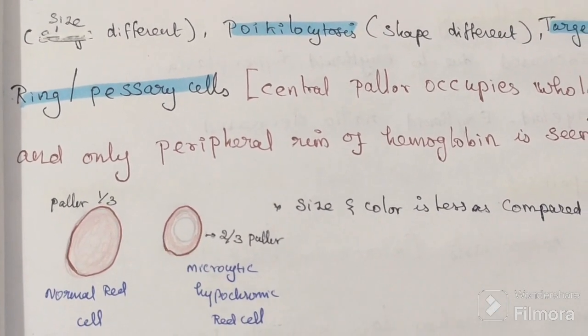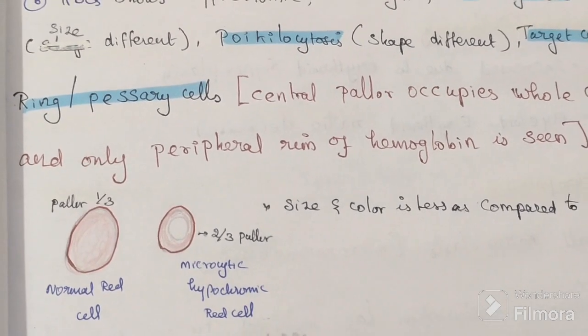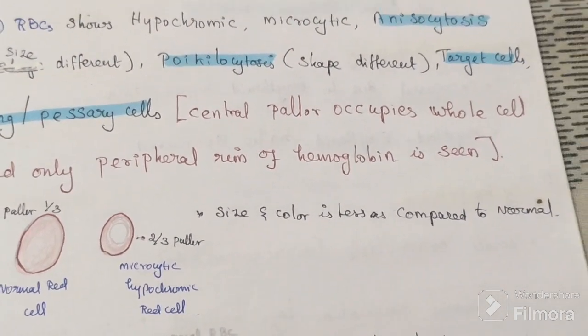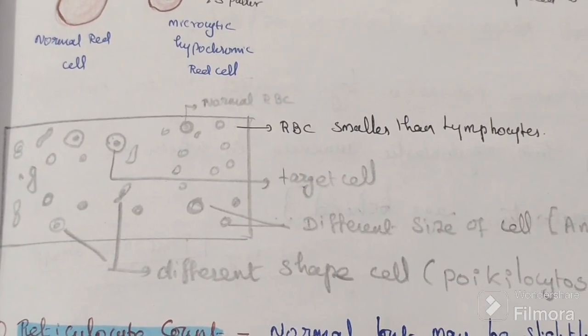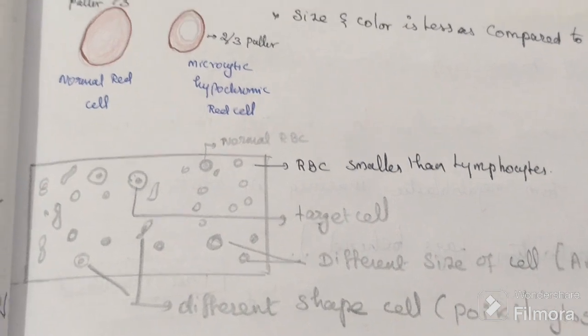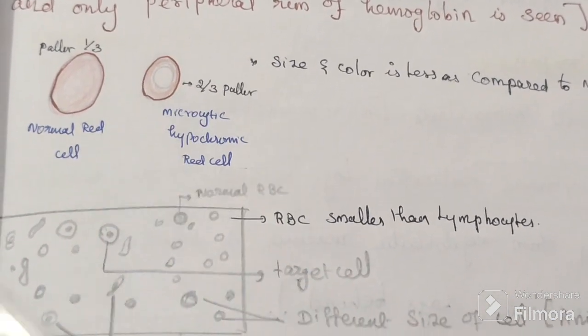Here color is less. That is why it is known as a hypochromic red cell. Size is less and color is less compared to normal.